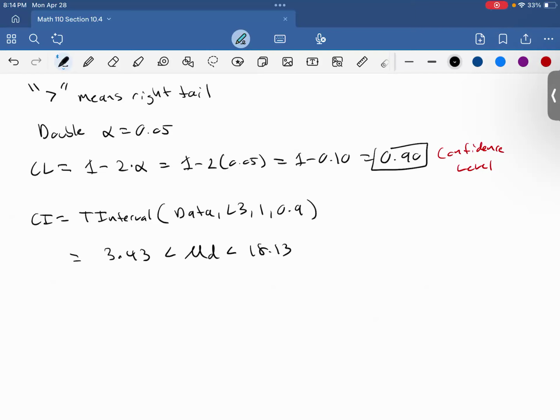Okay, so we got two positive values. If our mean difference is between two positive values, then our mean difference is positive.